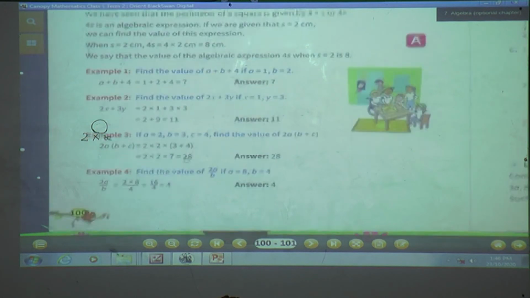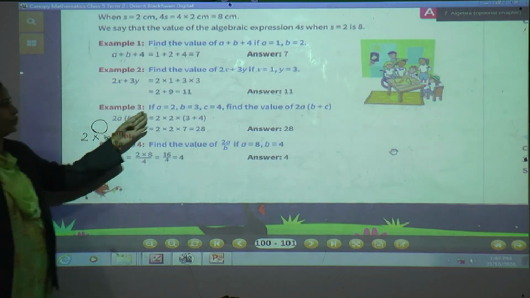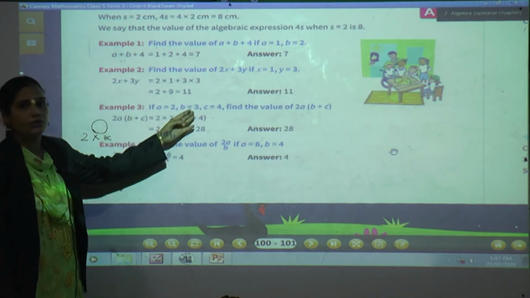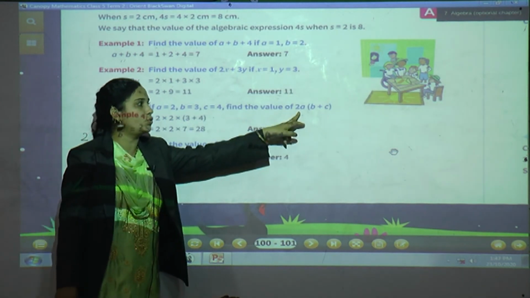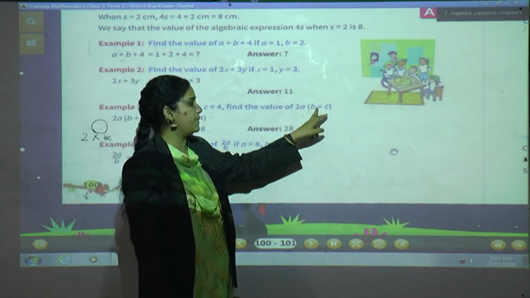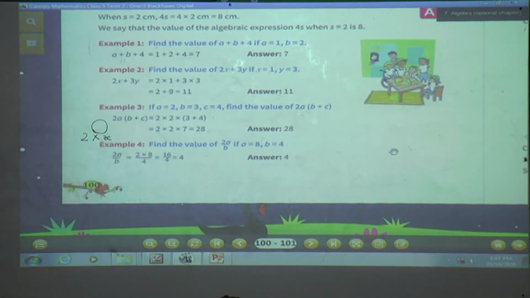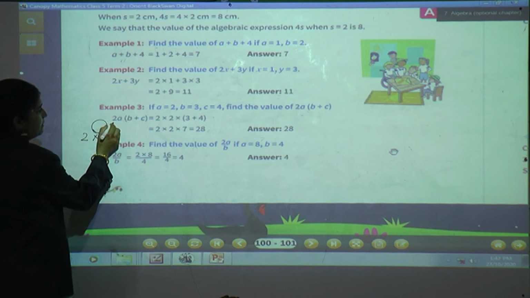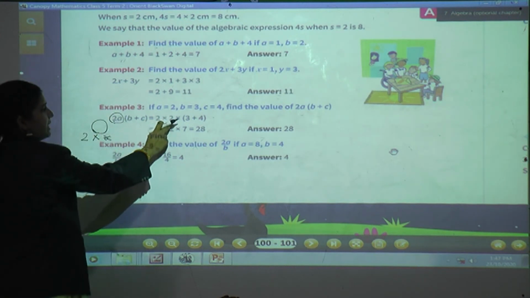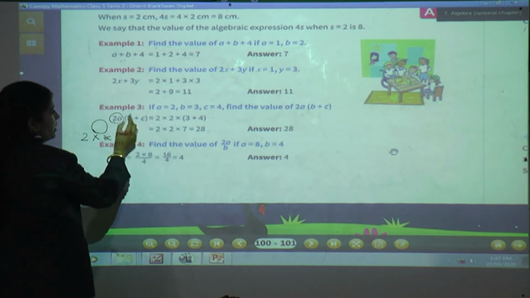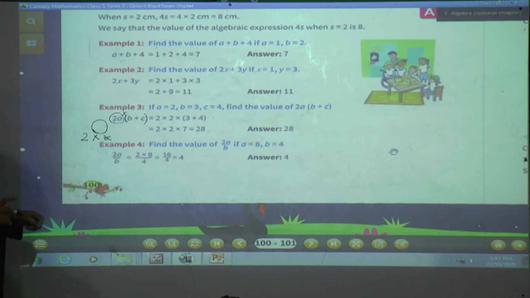So again the third one here. If a is equal to 2, b is equal to 3, c is equal to 4, find the value of 2a(b plus c). So students, we know that here is a multiplication sign between 2 and a. So just 2 multiplied by a, that means 2. And in here is a bracket. So here is also the multiplication sign.